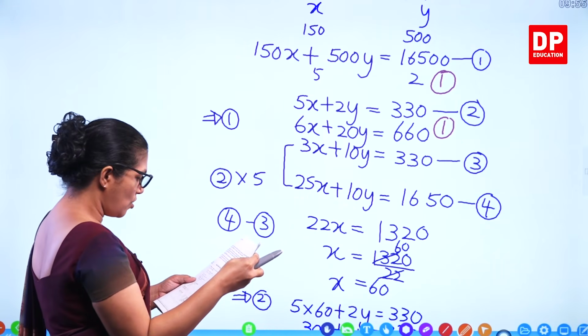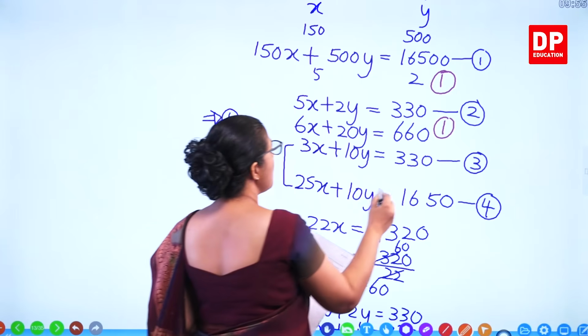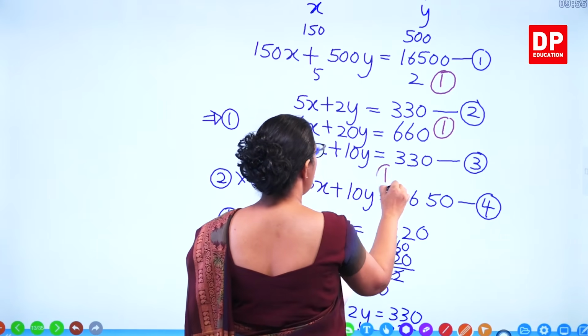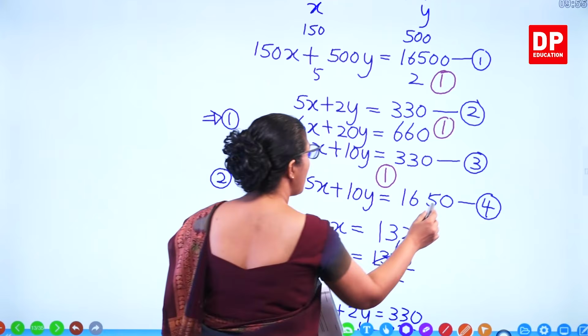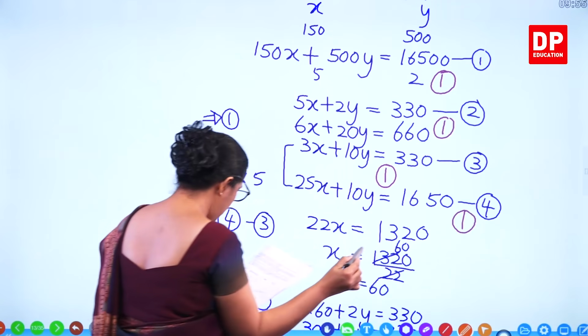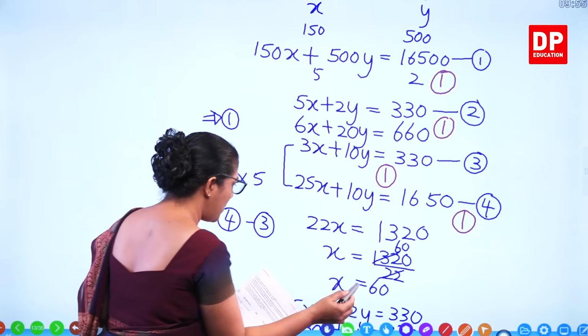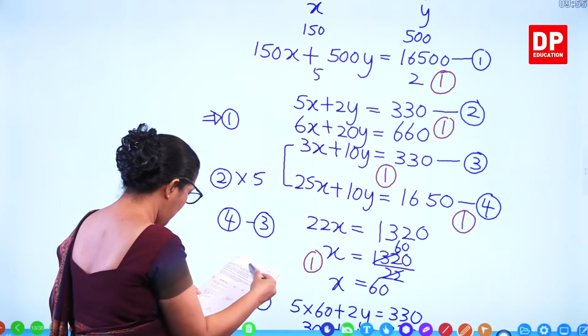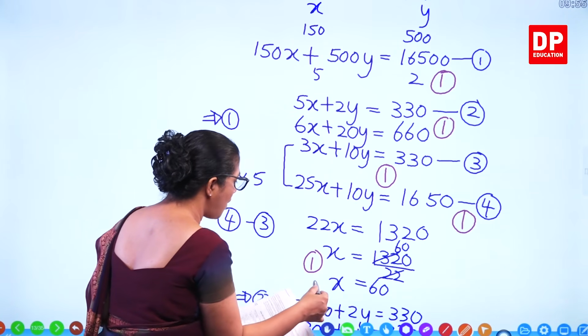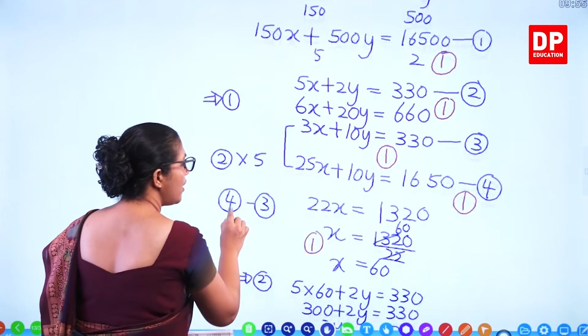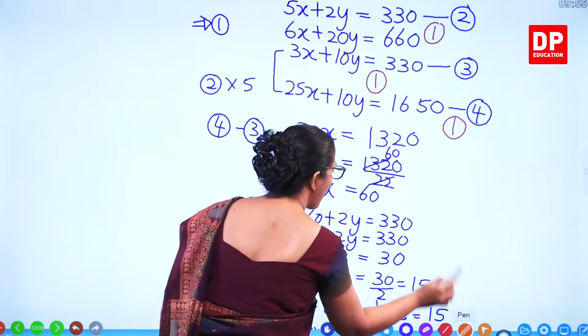And then trying to make the coefficients equal, 1 mark. And simplifying, 1 mark. And finding any one variable, another 1 mark. And substituting into the other equation and finding the y value, another 2 marks.